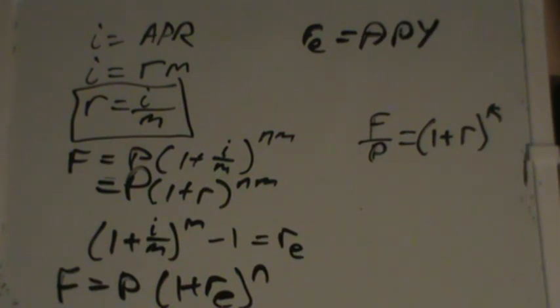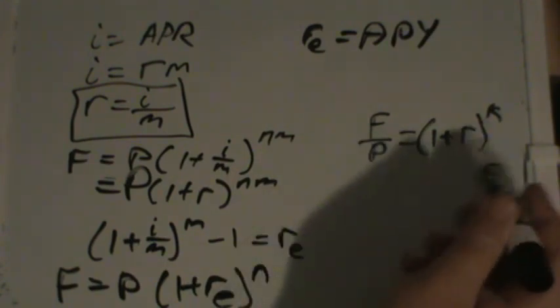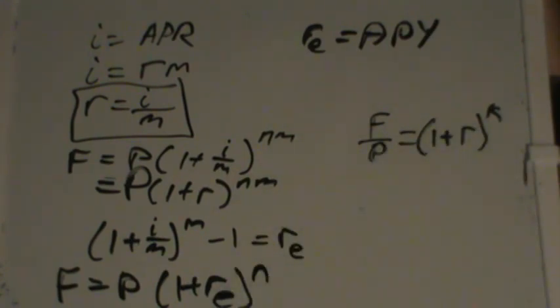So this gives us a nice way to do this, and we can tabulate this. It's principal independent, so you can actually find tables of this. F over P is your single payment compound amount factor, and it makes it a nice easy way of handling it.